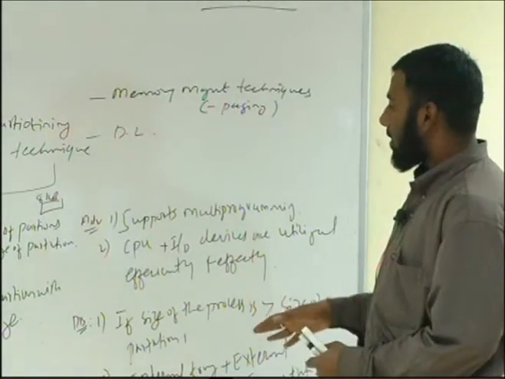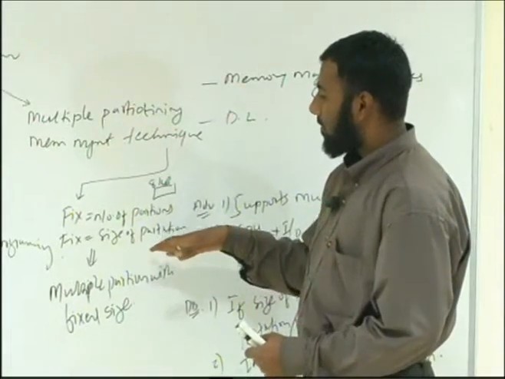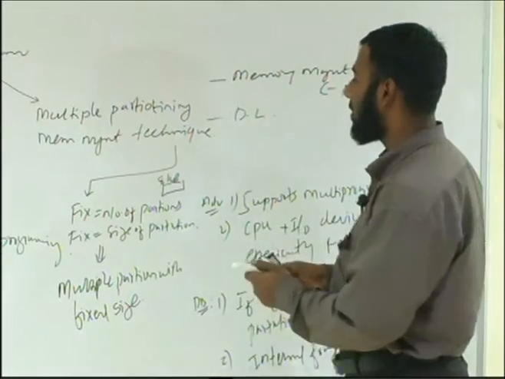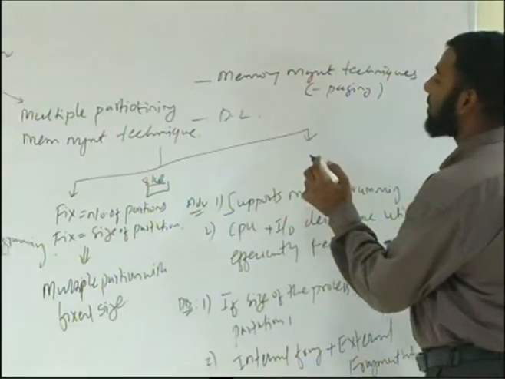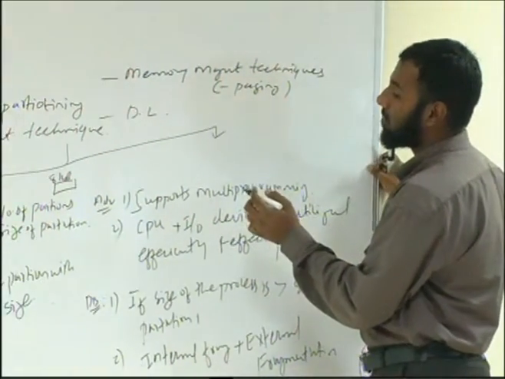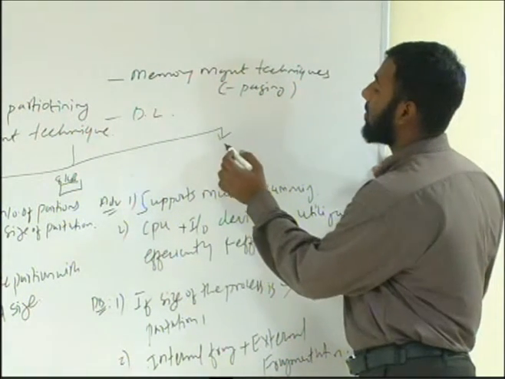So in order to overcome the drawbacks of fixed number of partitions, where the size of the partition is also fixed, there is another technique called multiple partitions with variable sized partitions. Multiple partitions, but the size of each partition is variable.